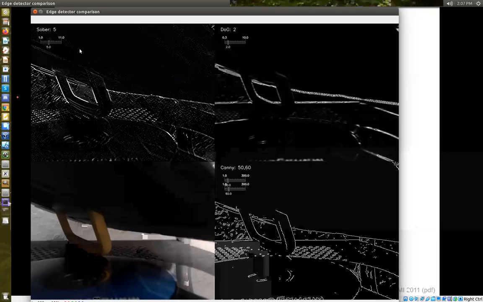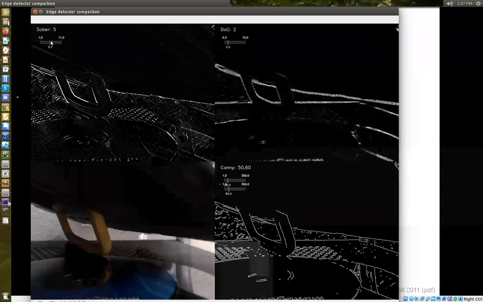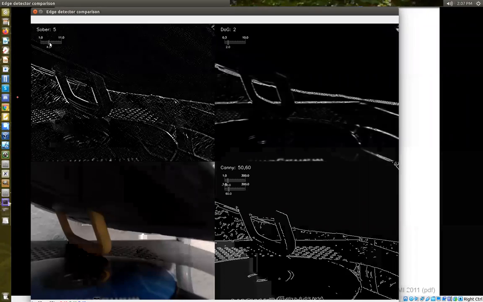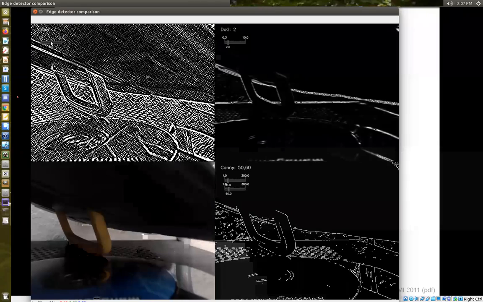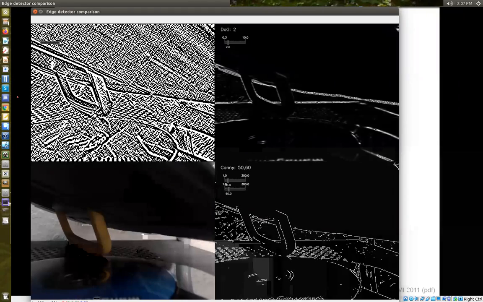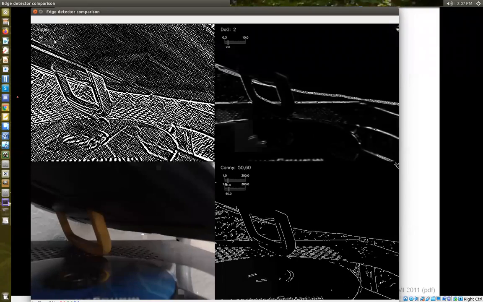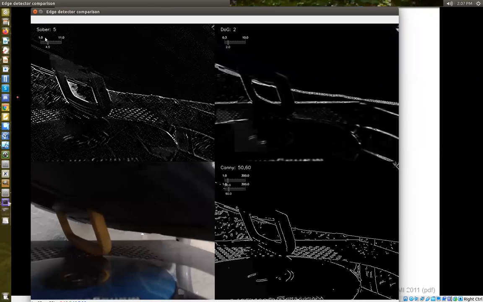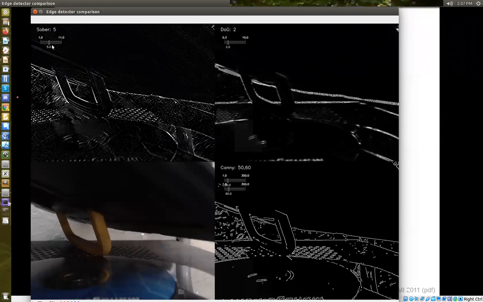We have the simple edge detector. If I change this, which is the size of the smoothing filter, and I make it bigger, then it's smoother. Okay, it's supposed to. I don't quite understand why. I guess maybe the parameter doesn't mean that. So I'm changing a parameter to Sobel.